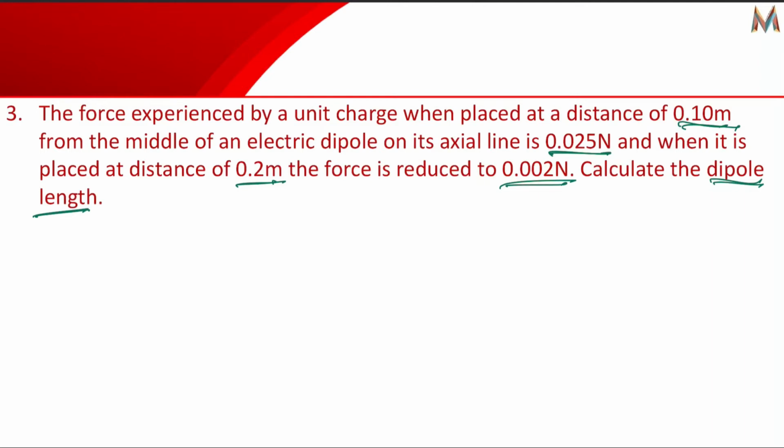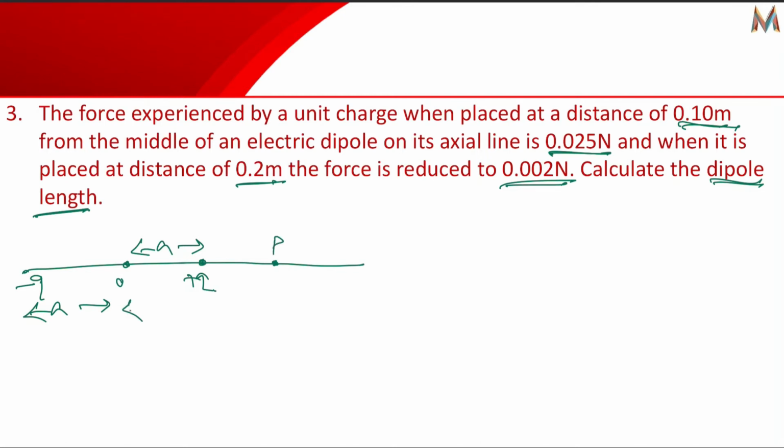So if you make the diagram, let it be minus q at this point, and here is plus q. This is the center point O. This distance we know is A, and this distance will also be A. Now we don't know the value of A. So here is one point, let it be point P, and this point is at a distance, as given in the question, of 0.1 meter from the center of the dipole.